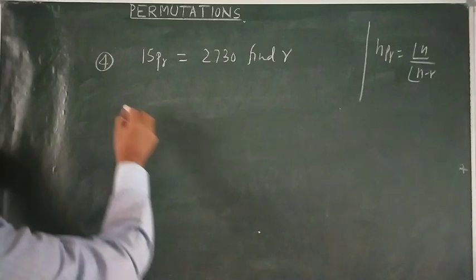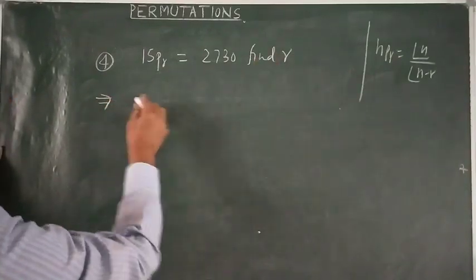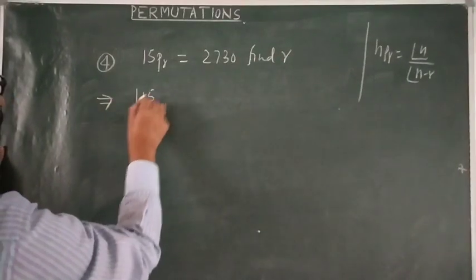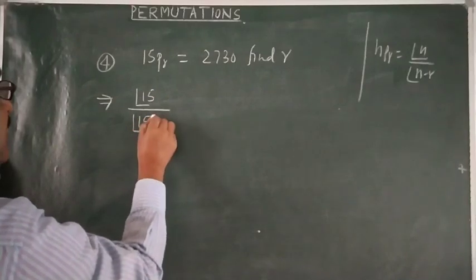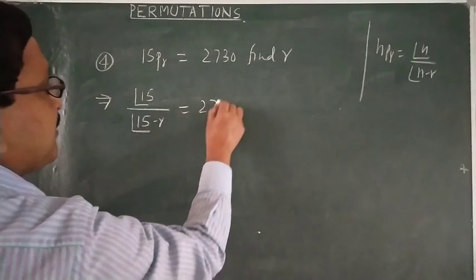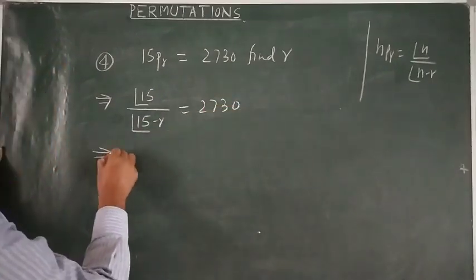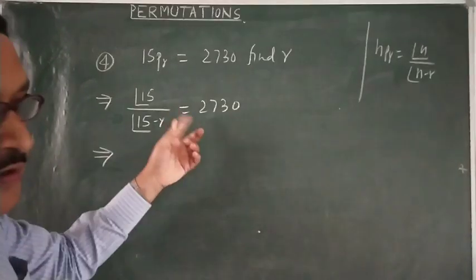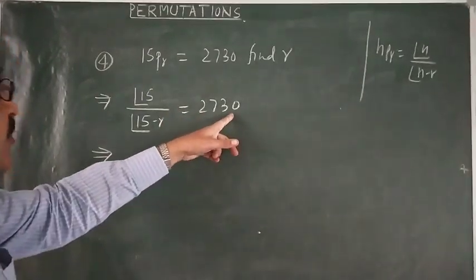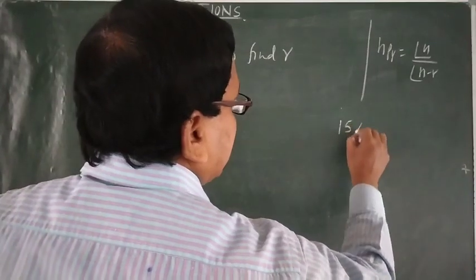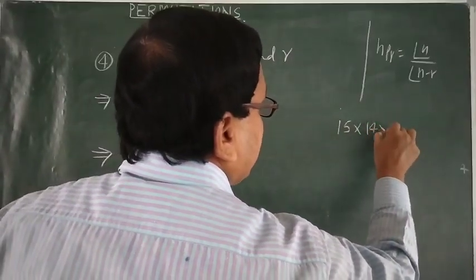Now moving towards the formula, this is factorial 15 by factorial 15 minus r is equal to 2730. Now students, there is a trick. This 2730 is the product of 15 into 14 into 13.